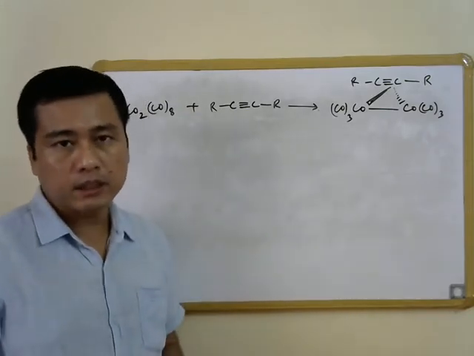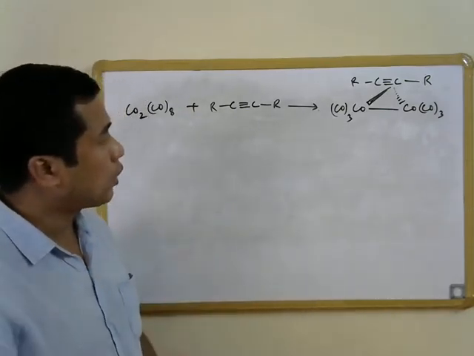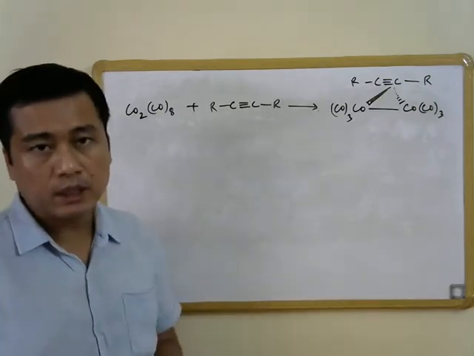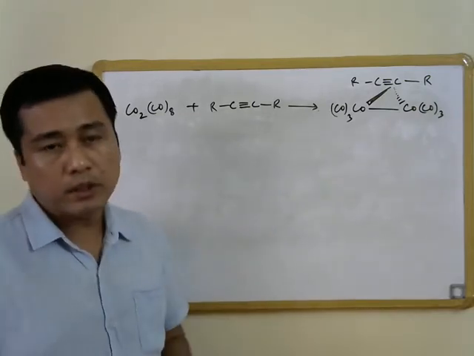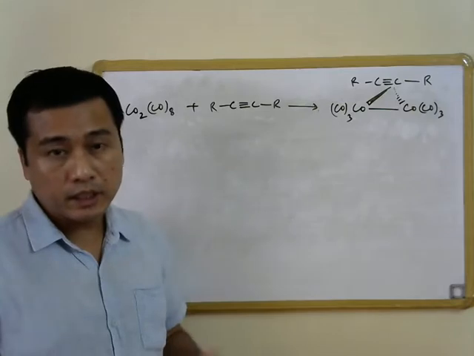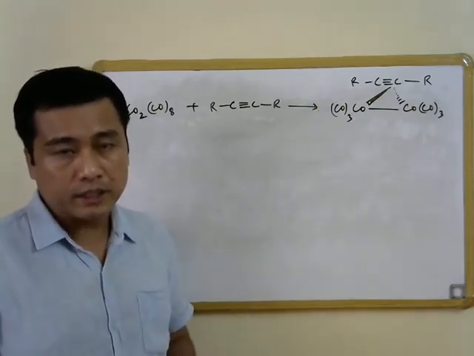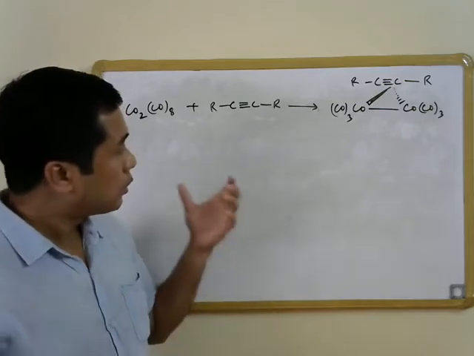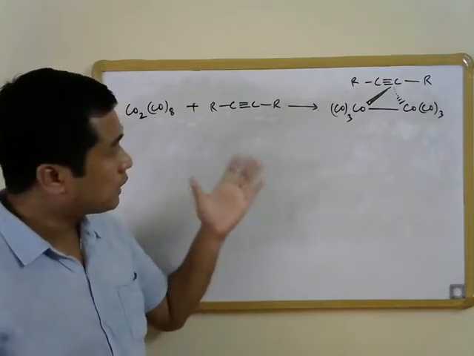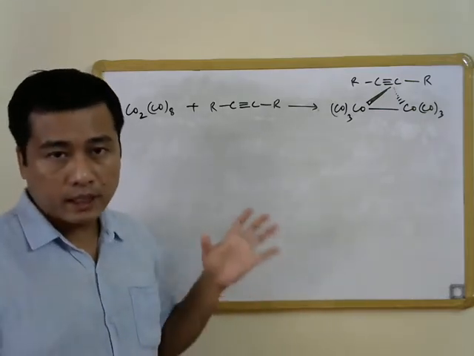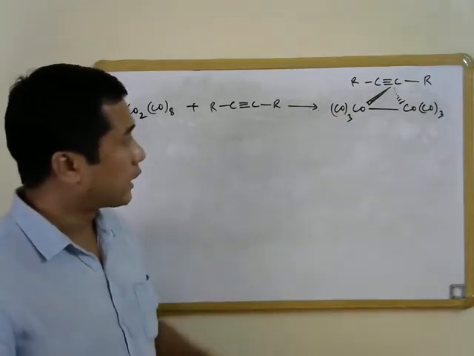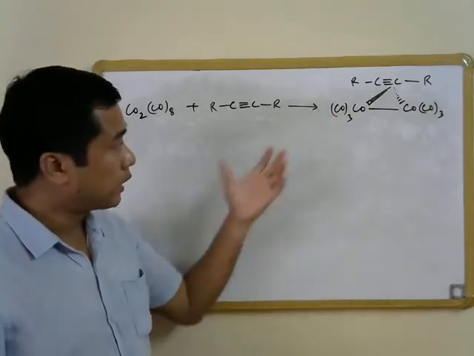As we have already discussed, upon complexation of the alkyne with metals, the reactivity of the alkyne ligand decreases as compared to the reactivity that you see in free alkynes. And this allows one to do a selective reaction on the substituents of the alkynes without attacking the CC triple bond in the alkynes.